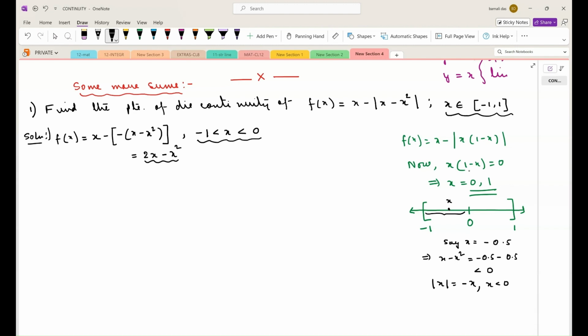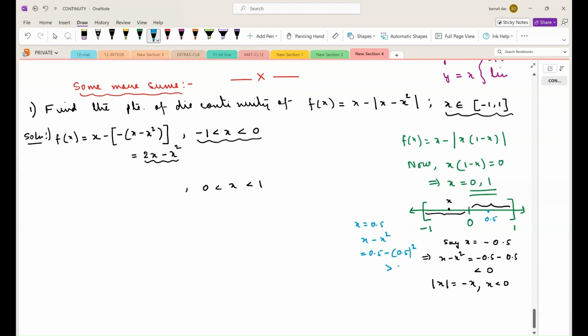Next branch will be when x lies here, that is 0 to 1. So next branch is 0 less than x less than 1. So again, if you take one example and try to find out, say you take here 0.5. So when x is 0.5, your x minus x square is 0.5 minus 0.5 whole square.